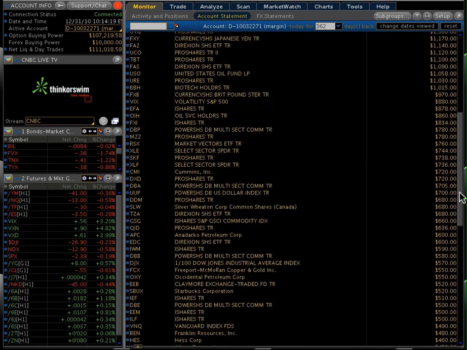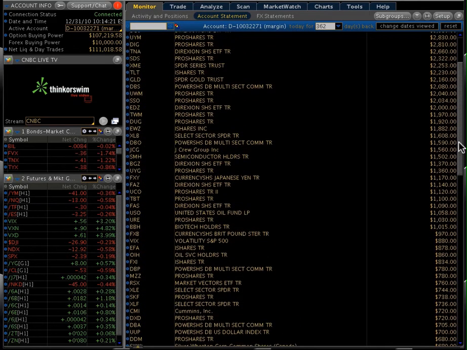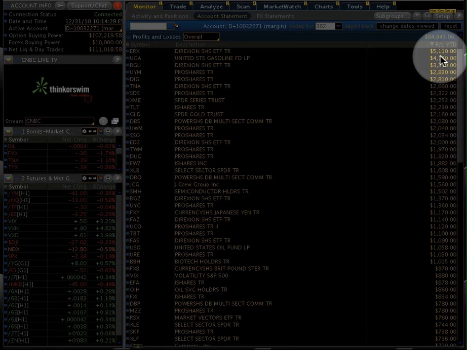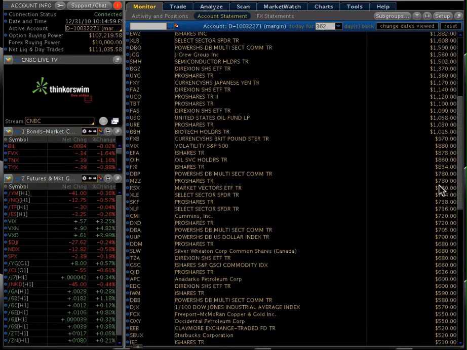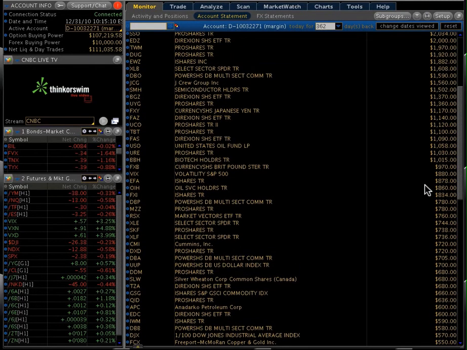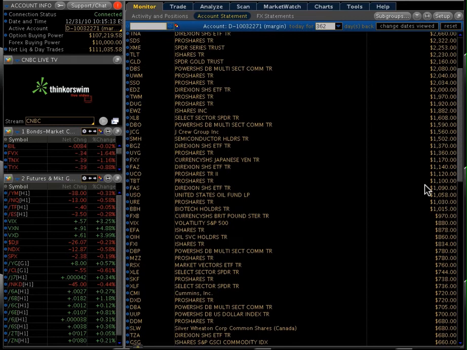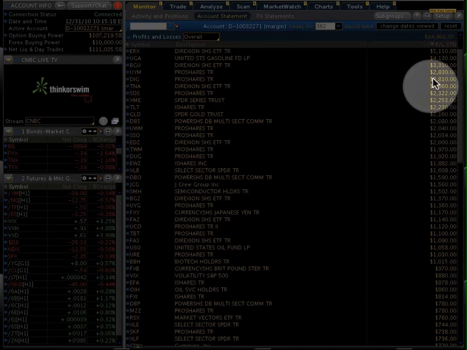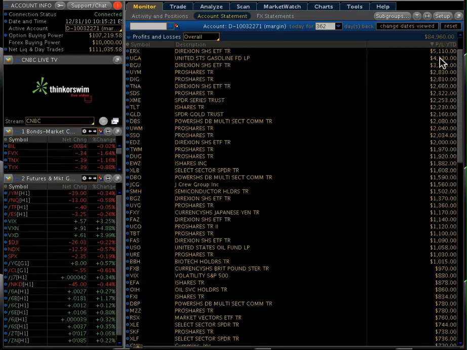The largest winner in this case is 5,110, above the value of the largest loser, that being 770. There are many more winners, and the winners are progressively much larger in their profit value.